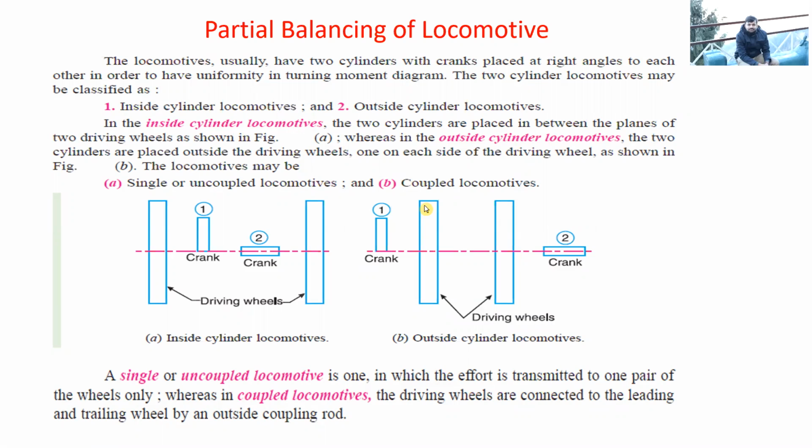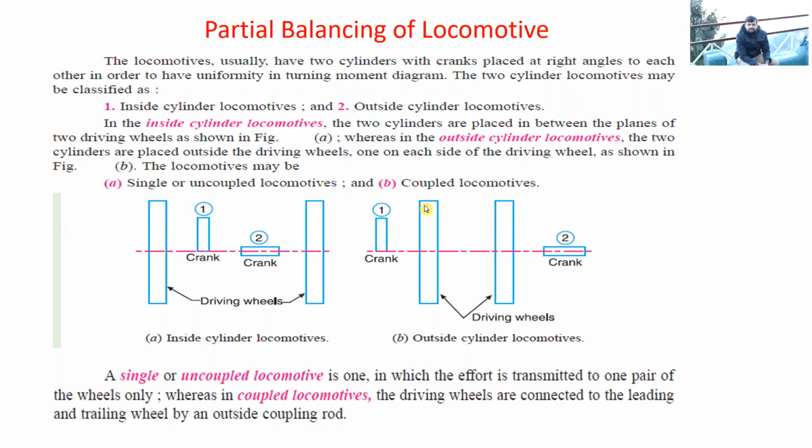In the previous lecture, we saw the balancing of the reciprocating parts. Partial balancing can be done, but complete balancing cannot be done. While doing that partial balancing, we came across two unbalanced forces.